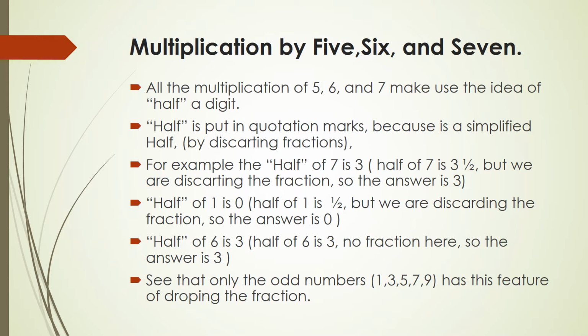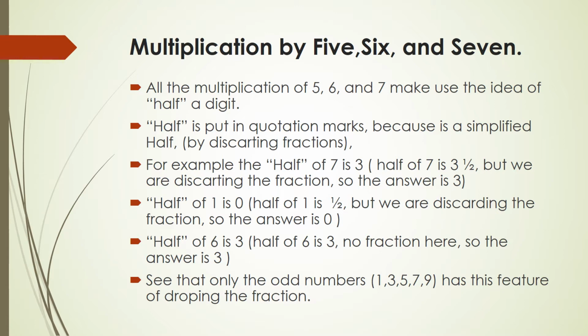In this case, we are going to use the idea of "half" a digit. Half is put in quotation marks because it's a simplified half, so we are going to discard the fraction. For example, the half of 7 is 3. We know that the half of 7 is 3½, but we are going to discard the fraction, so the answer is 3.